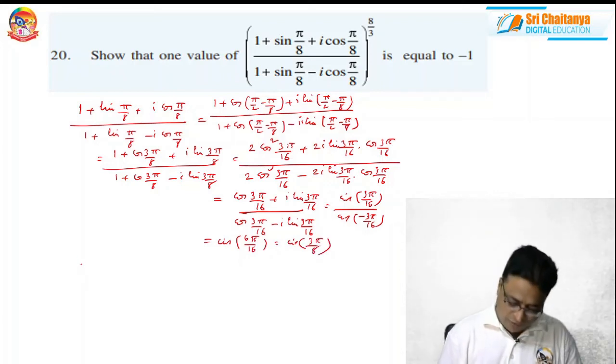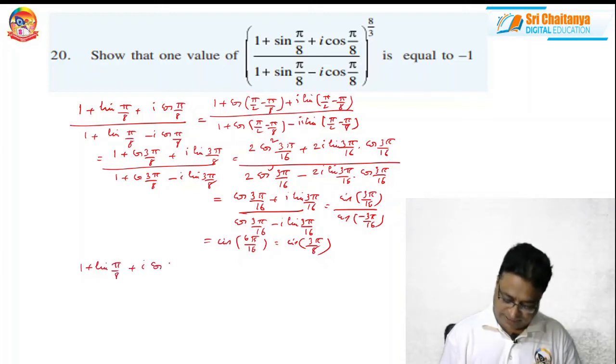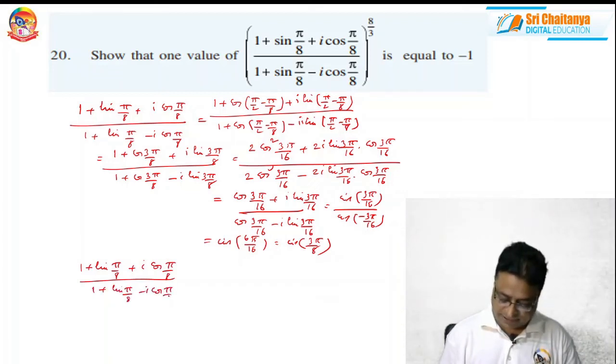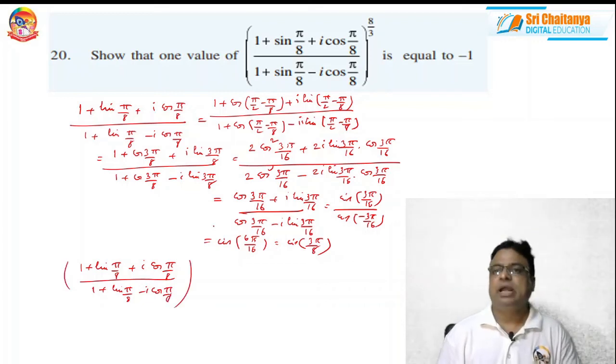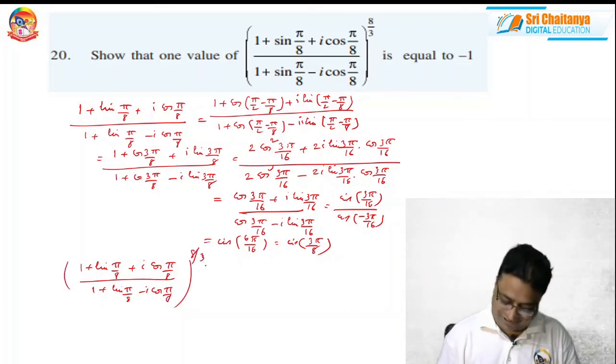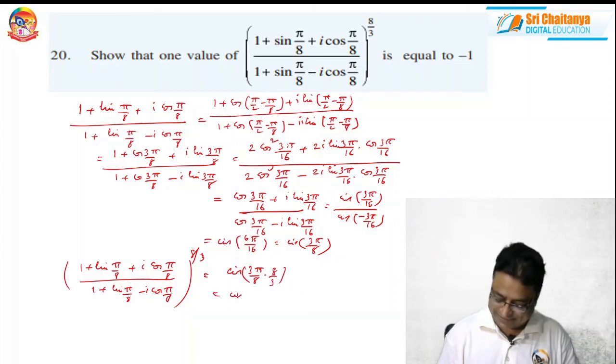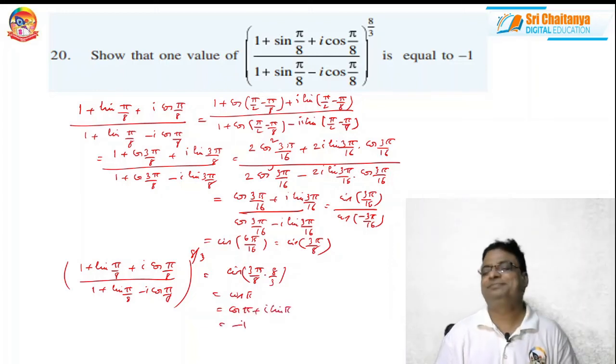Okay. Now (1 plus sin pi by 8 plus i cos pi by 8) by (1 plus sin pi by 8 minus i cos pi by 8), whole power 8 by 3, equal to cis 3 pi by 8 into 8 by 3. That I can get as cis pi, that is cos pi plus i sin pi, that is minus 1.